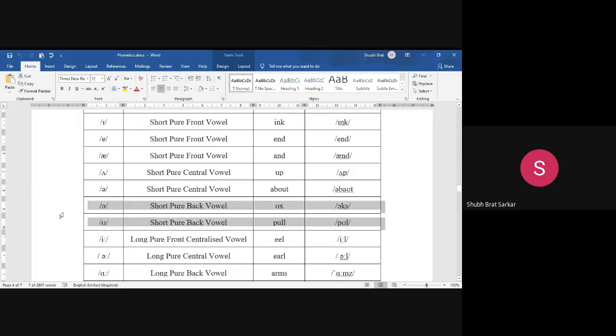These are rounded. That means the lips are rounded when the air is released. The pulmonic egressive airstream is released and the lips remain rounded. So ɒ and ʊ are called rounded vowels.